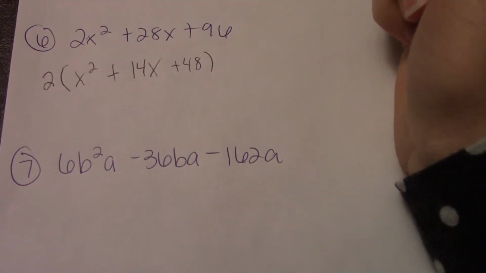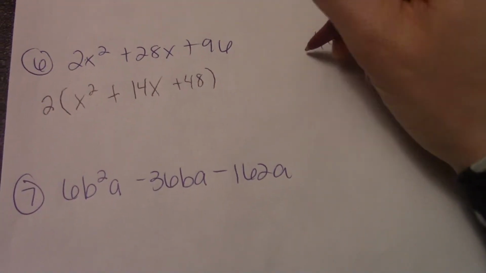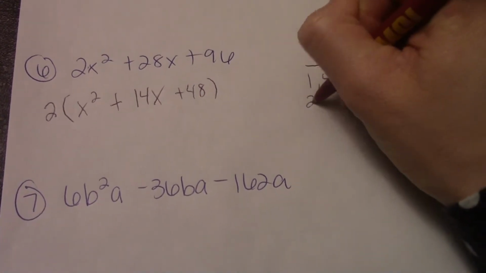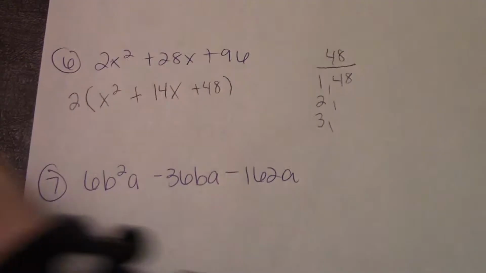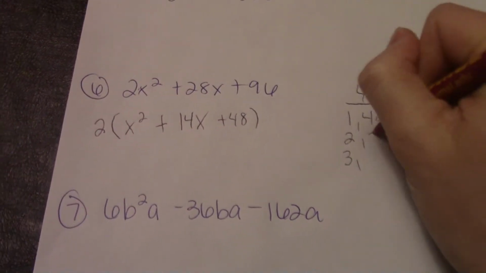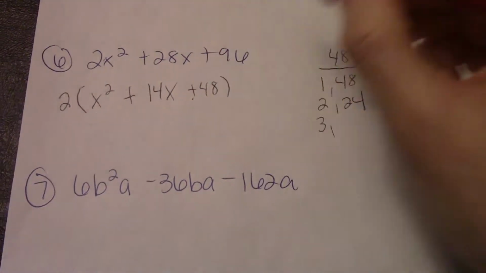So our next step, find your factors of 48. So 1 and 48, we need to get 14, 2 and something, 3 and something. So 48 divided by 2 is 24. We want to do plus, so we're still adding.